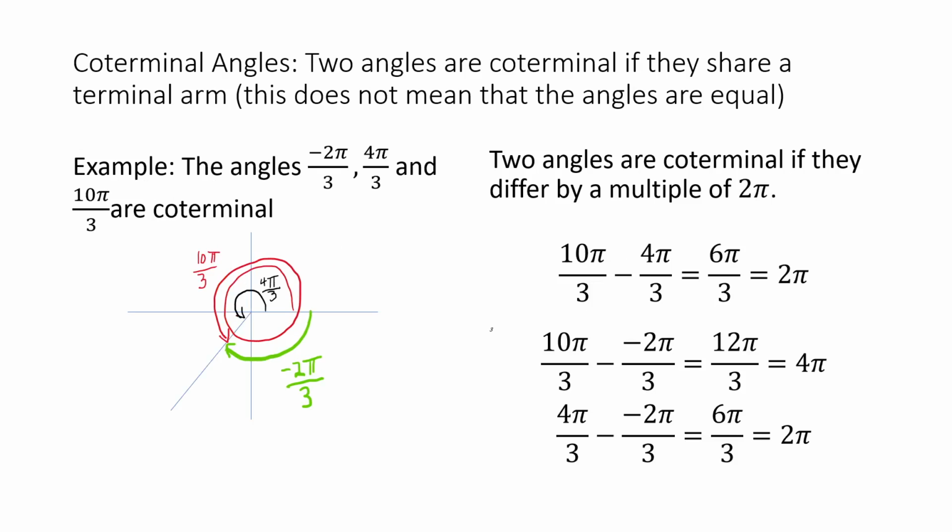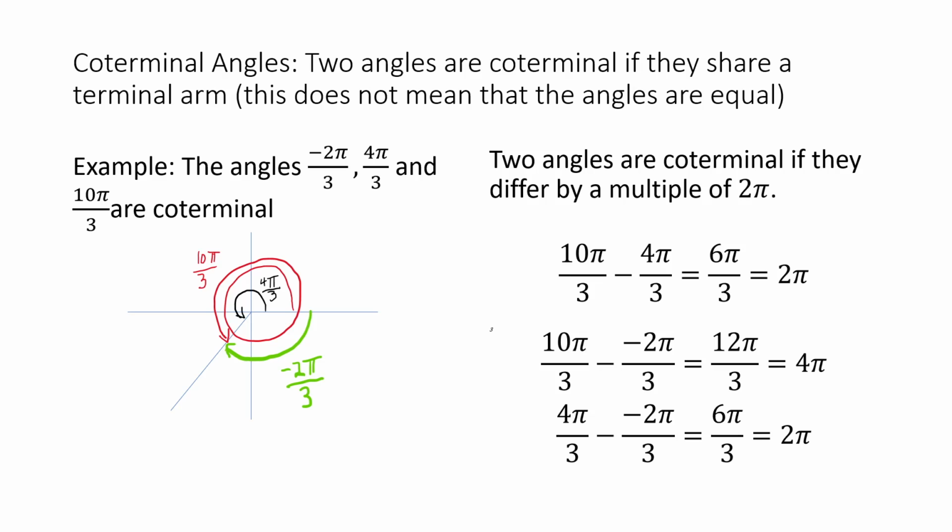And it also works with radians. We see that the angle 4 pi over 3 in black would be the same as the red angle of 10 pi over 3, which would be the same as the green angle of negative 2 pi over 3. Well, if coterminal angles differ by a multiple of 360 degrees when measured in degrees, they certainly differ by a multiple of 2 pi when measured in radians, because 2 pi radians equals 360 degrees.